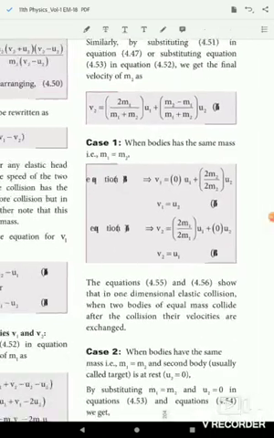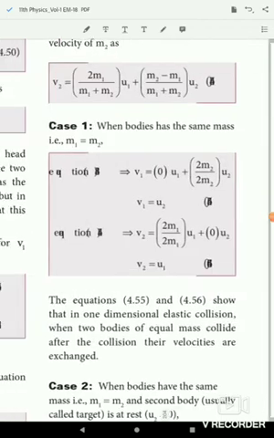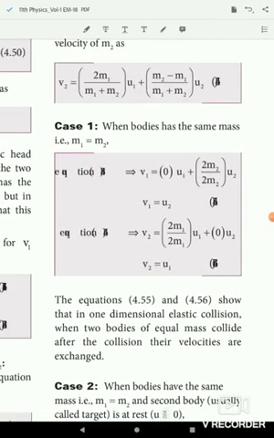Case 1: when the bodies have the same mass, m1 equal to m2. Then v1 = 0 into u1 + 2m2/2m2 into u2. So u1 term is 0, and v1 equal to u2. 2m2 and 2m2 cancel each other.